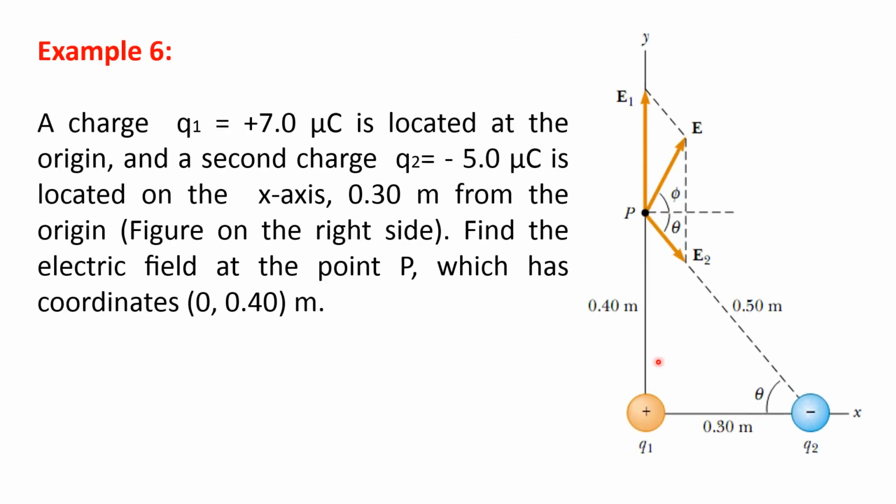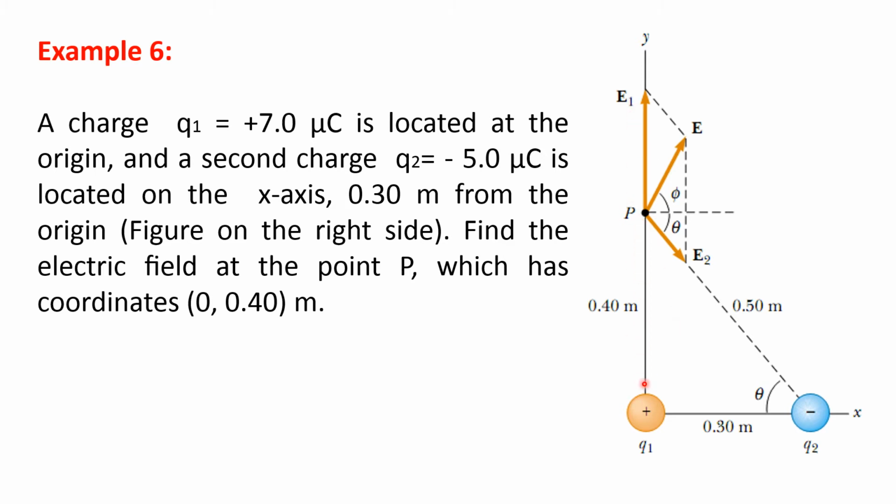Question number 6. A charge Q1 equals plus 7 microcoulomb is located at the origin of the x and y axes, and a second charge Q2 is located at a distance 0.3 meters from the origin along the x axis. Find the electric field at the point P, which is located at a distance 0.4 meters along the positive y axis.